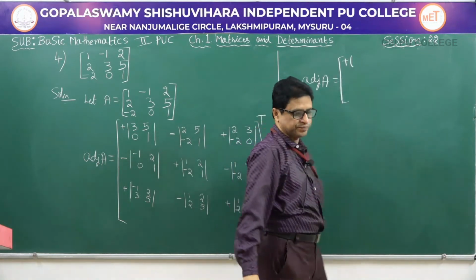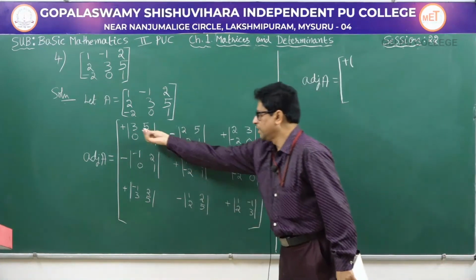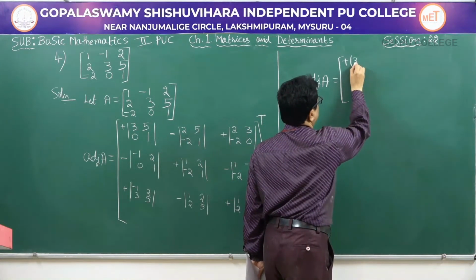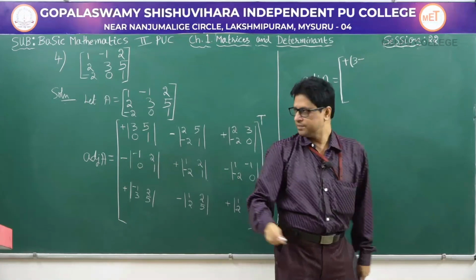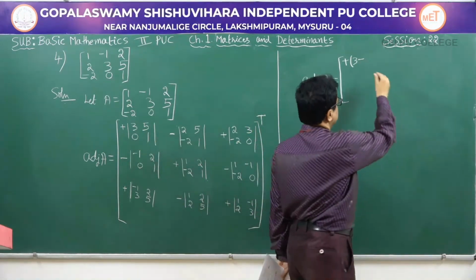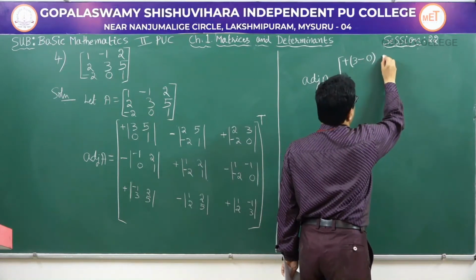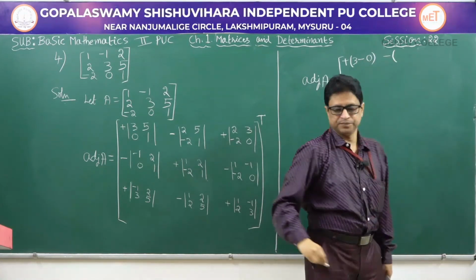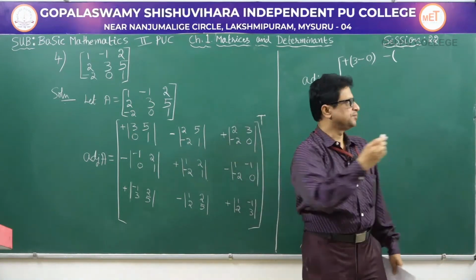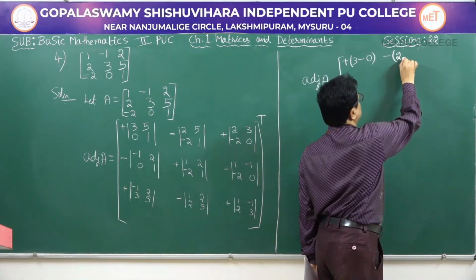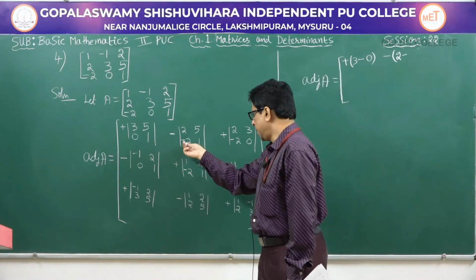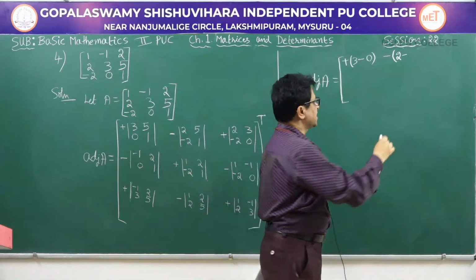Plus 3 ones are 3, minus 0 into 5 is 0, minus of 2 into 1, 2, minus -2 into 5, minus 10.